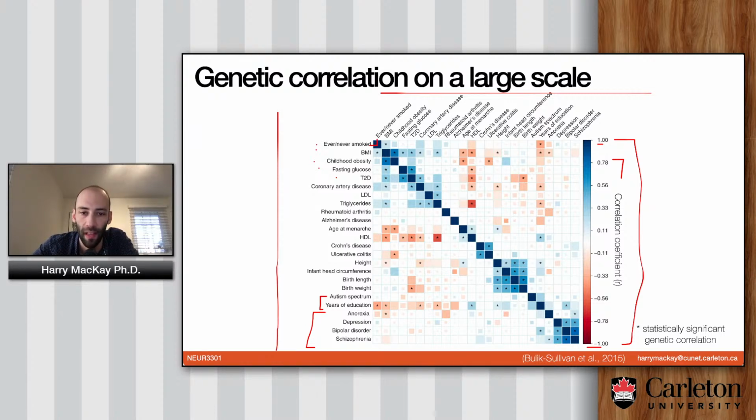Let's take BMI, for example, body mass index. Let's trace over here to childhood obesity. Body mass index is positively correlated with childhood obesity. Not surprising, really, because your body weight as a child has a fairly strong relationship with your adult weight. BMI is also positively correlated with things like coronary artery disease, type 2 diabetes, triglyceride levels.